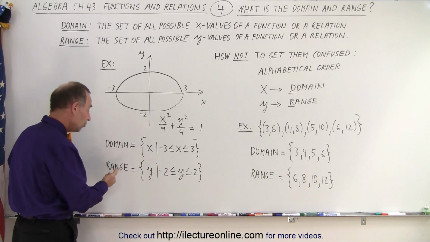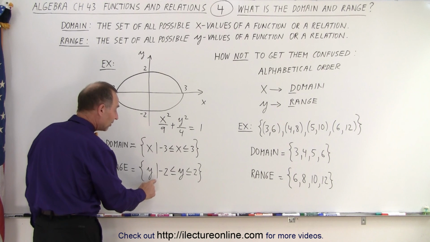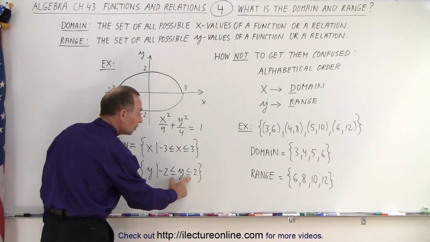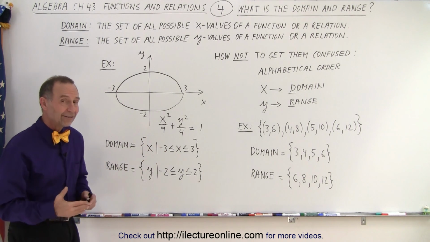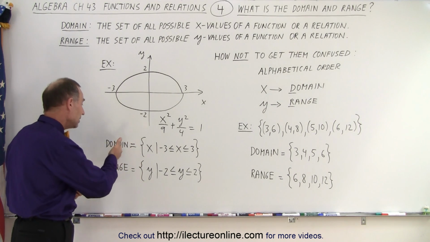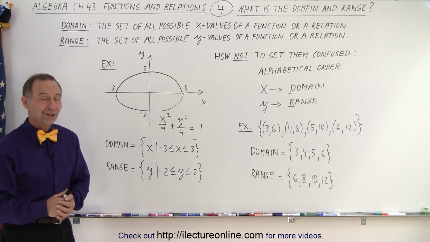And for the range, we say that it's equal to the set of all values for y such that y lies between negative 2 and positive 2, including the two endpoints. And that's how we define all the possible values for x and all the possible values for y, which gives the domain and the range. And that is how it's done.